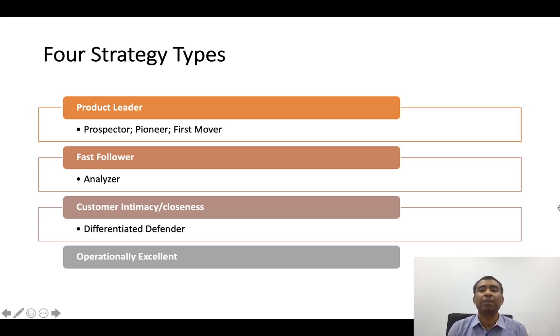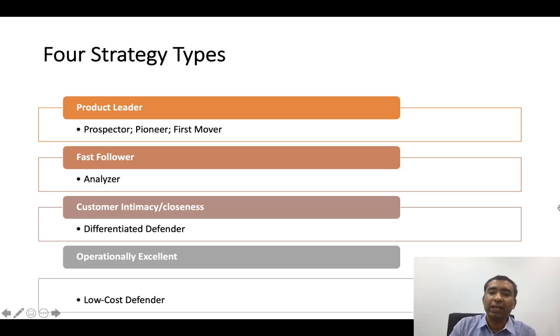All their demands are being fulfilled, so they are not using any other product or services. These companies focus on existing customers and try to create customer intimacy. They try to create closeness with the customer and defend their existing market share, mostly focusing on existing customers.